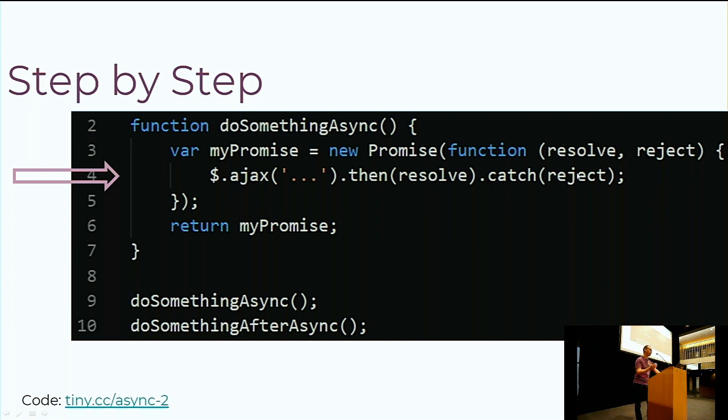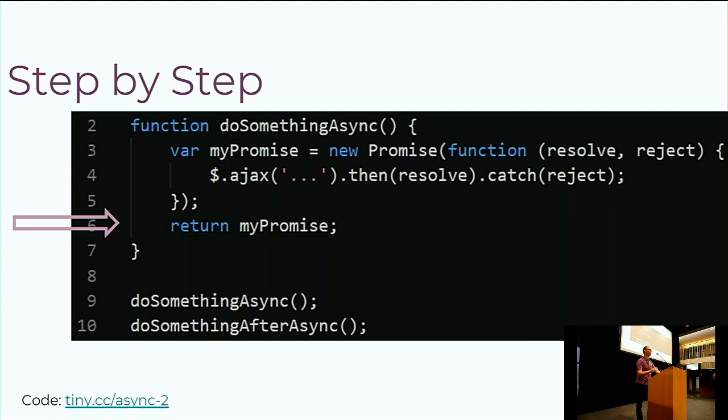They are not executed right now. All we do is say, I will register this then and register this catch on this $.ajax, which is not a promise, it's a deferred. And when this is done, I will execute this function. And if there is an error, I will execute this function. Resolve and reject mark the promise as completed.